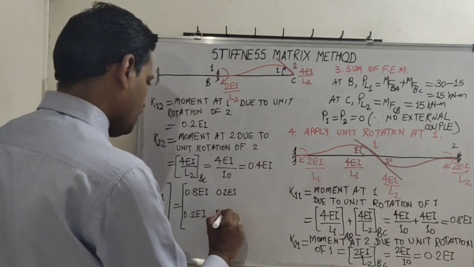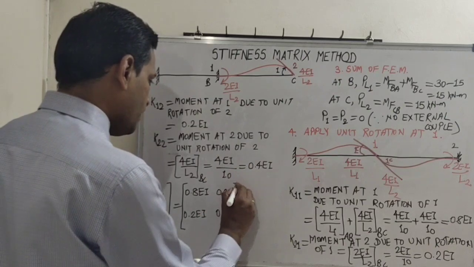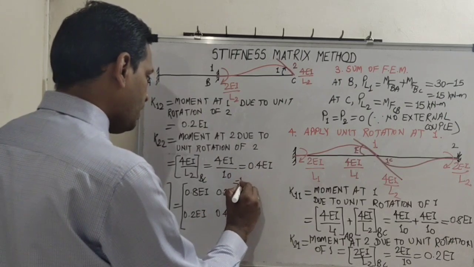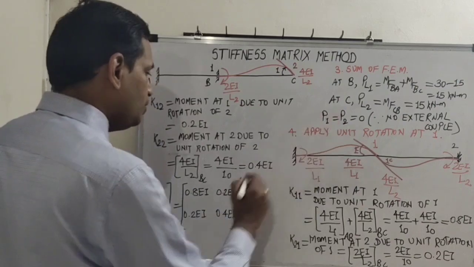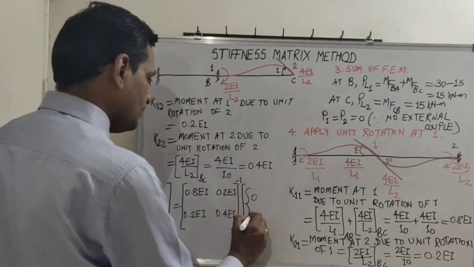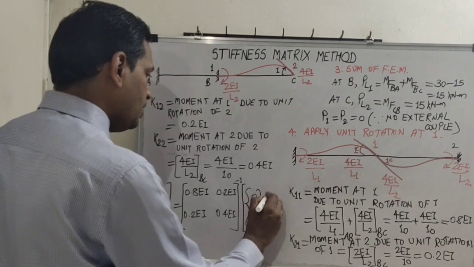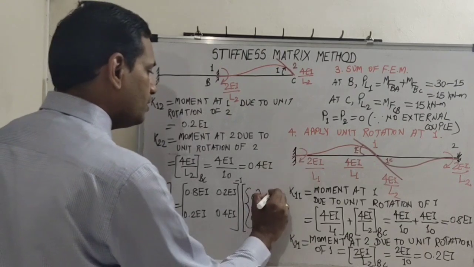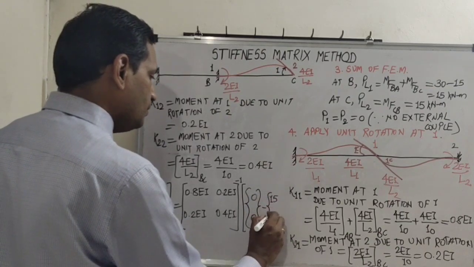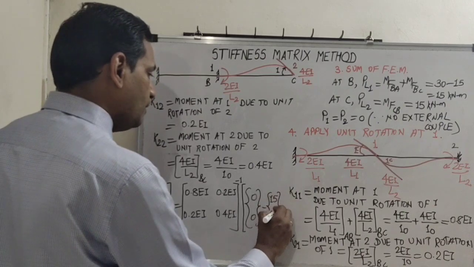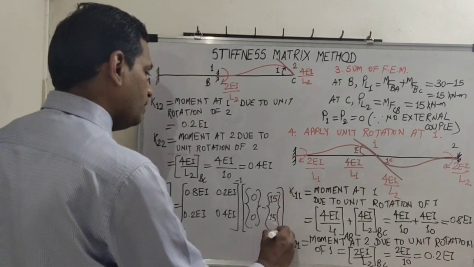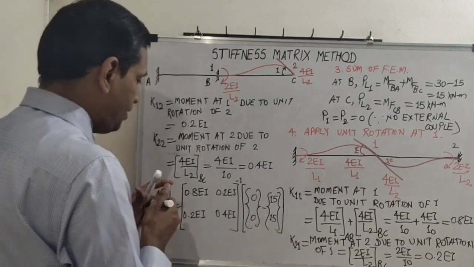K22 0.4 EI. So the inverse of this 2 by 2 matrix multiplied by P1, P2, 0 minus PL1 and PL2. What is PL1? Both values are 15 each. Okay. So now we shall solve the inverse of this matrix.